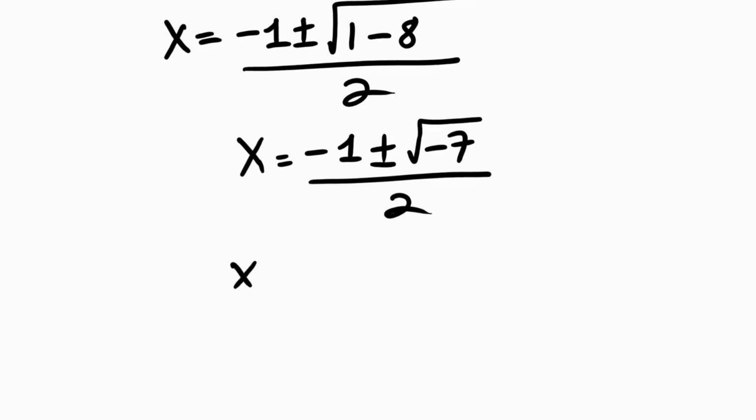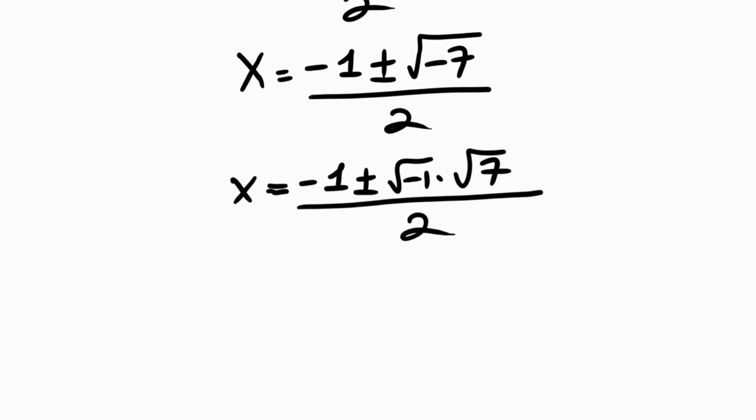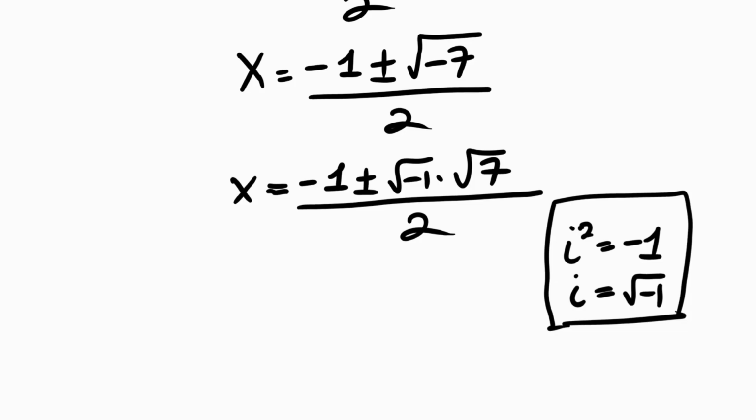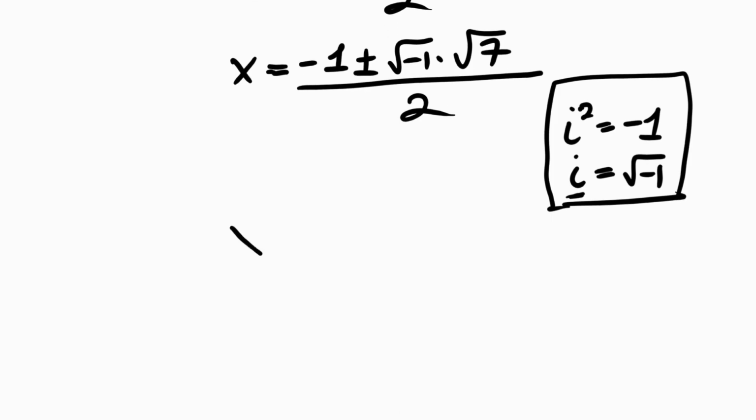If we open the root of minus 7 up, it becomes the root of minus 1 and the root of 7, all divided by 2. Now we know that i squared is equal to minus 1, so i is equal to the square root of minus 1. So anywhere we see the root of minus 1, we replace it with i, the imaginary number.